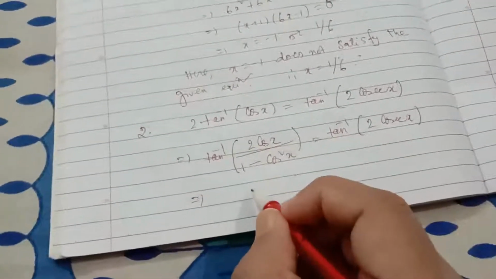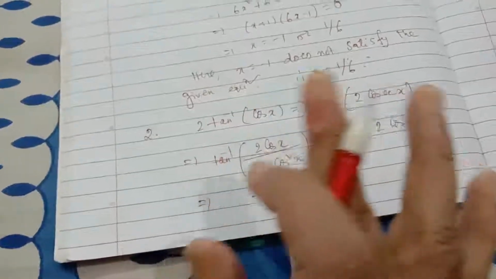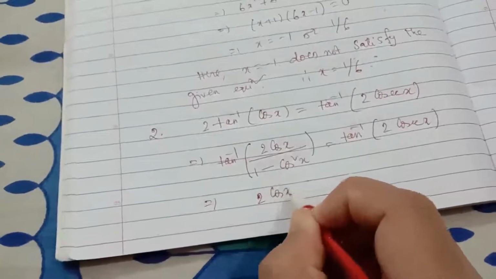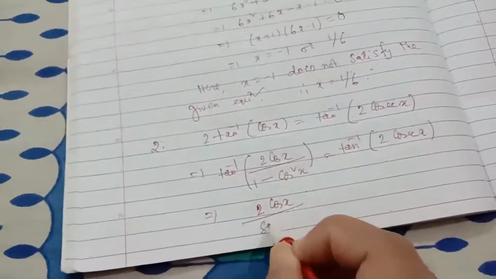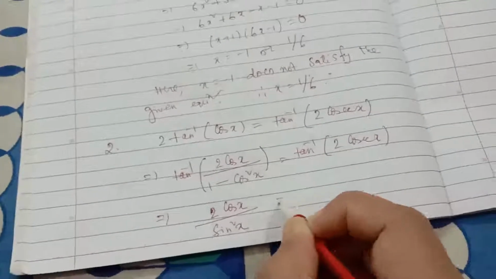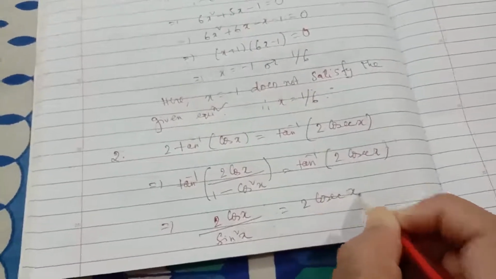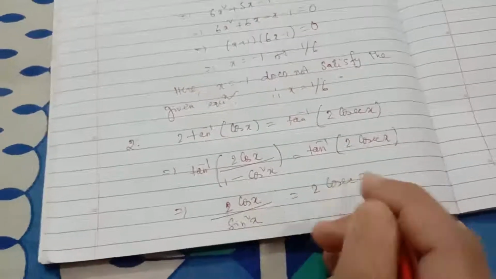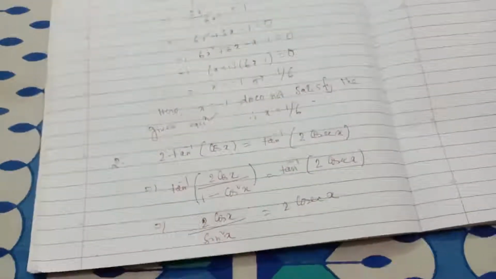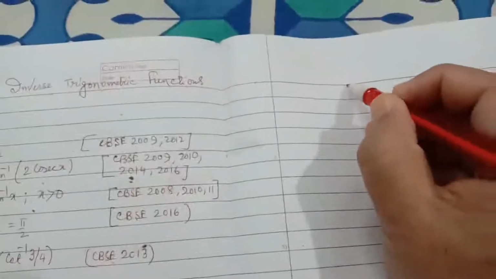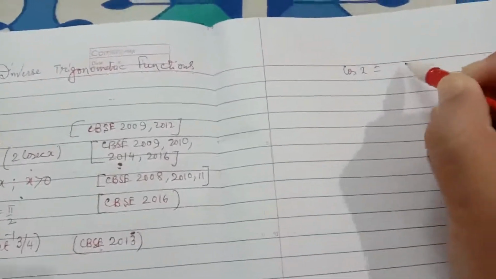Equating tan inverse from both the sides, 2 cos x by sine square x, since 1 minus cos square x is sine square x, equal to 2 cosec of x. We can cancel 2. If we multiply sine square x and cosec x, we will get cos of x equal to sine x.